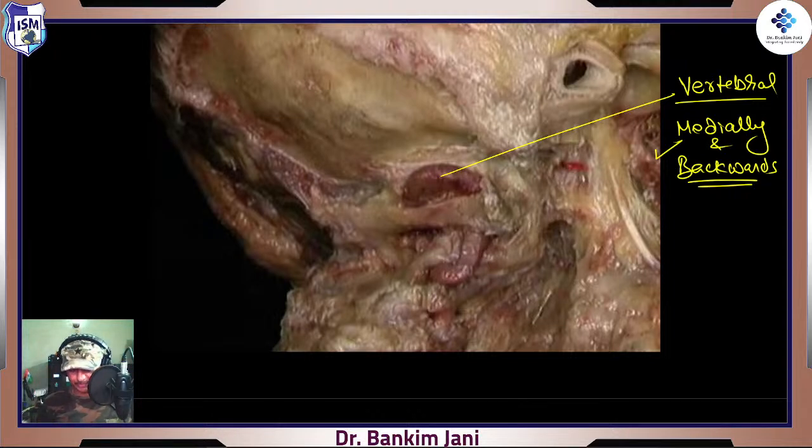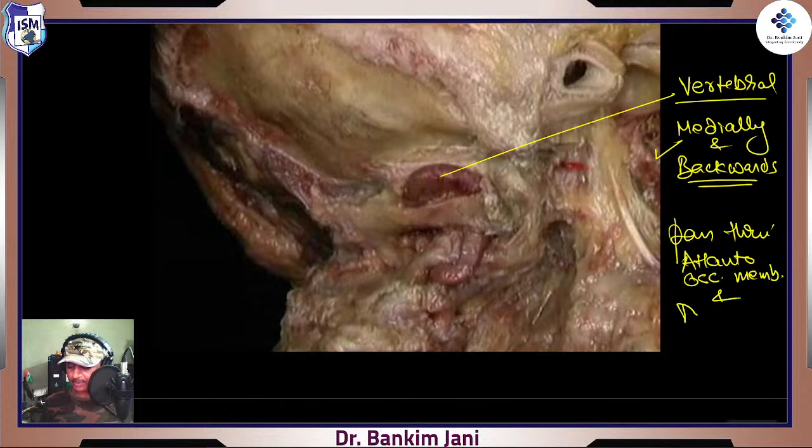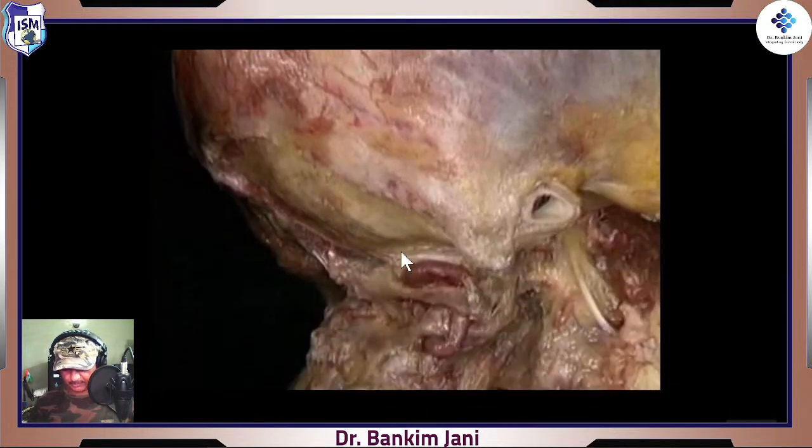So over here, and we'll see this thing. So it will pass through atlanto-occipital membrane and dura. Let's see this. To see this thing very properly, we need to cut the skull and we have to watch it from inside.